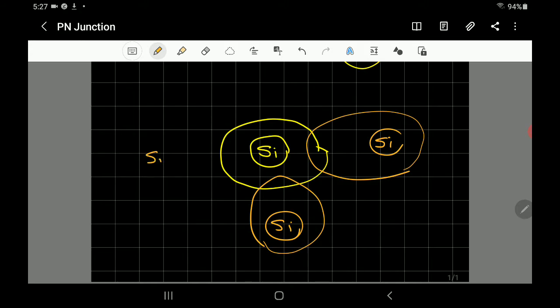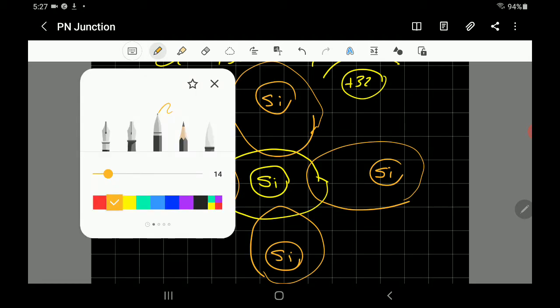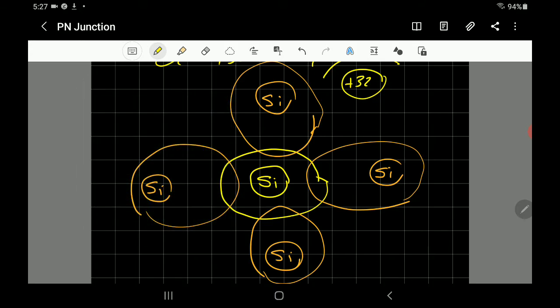And that's the last orbit. This one. Each one has 4 electrons. So the one in the middle has 4 electrons, and it will be sharing 1 with each neighbor.